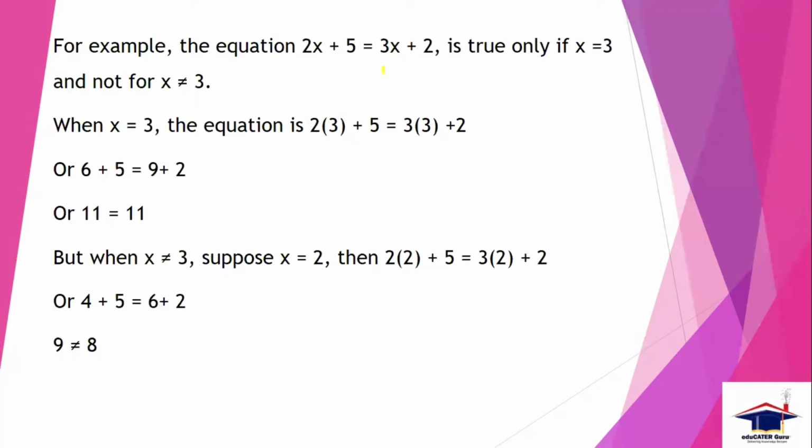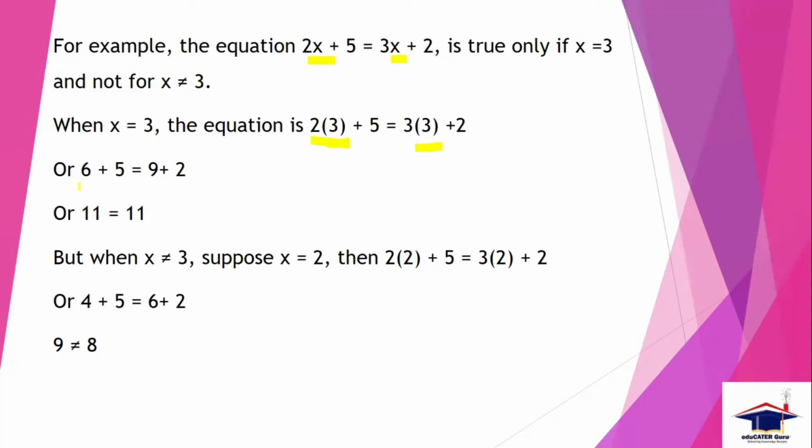So let us apply the value x equals 3 in this equation and see what happens. So when x equals 3, the equation is 2 into 3, so here in the place of x, we have put 3, plus 5 is equal to 3 into 3 plus 2.